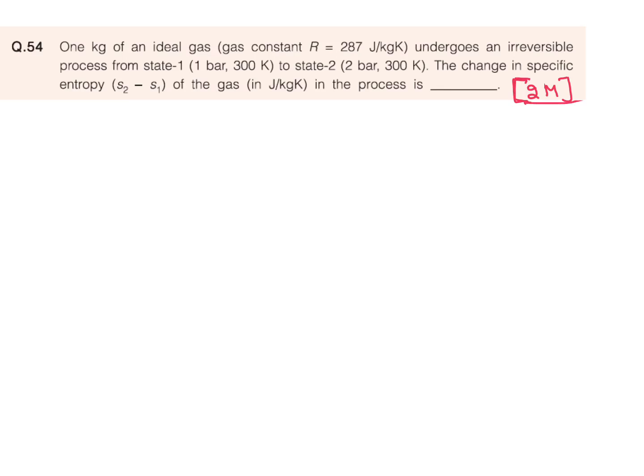Here no negative marking. Question: 1 kg of an ideal gas, given R equal to 287 joule per kg Kelvin, undergoes an irreversible process from state 1. State 1 conditions are pressure 1 bar, temperature 300 Kelvin, to state 2 with 2 bar and 300 Kelvin. The change in specific entropy S2 minus S1 of the gas, in joule per kg Kelvin, in the process is how much? So we know for entropy change 3 formulas are there.